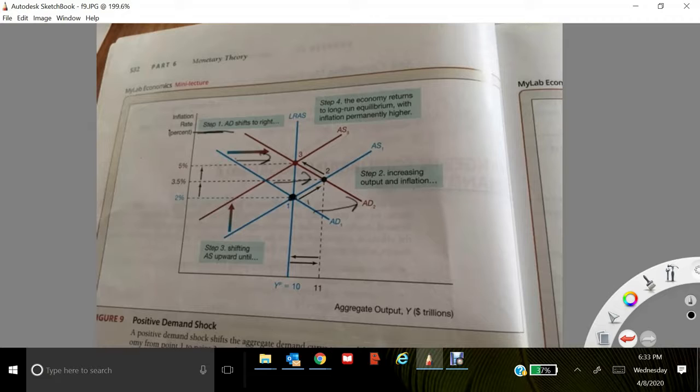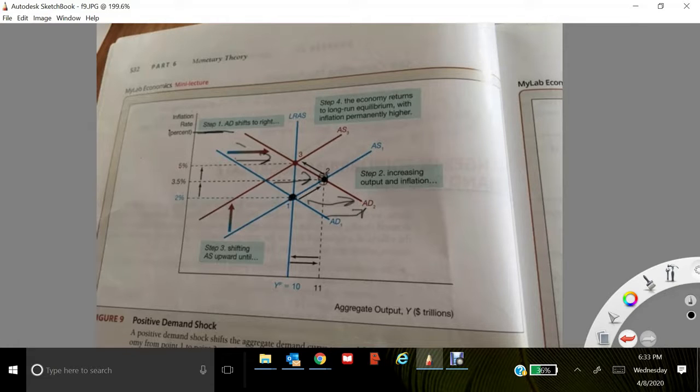Taxes could decrease. Exports might increase. A number of various things. These autonomous factors increase, so they don't depend on inflation changing. So the whole demand curve shifts to the right, all right?